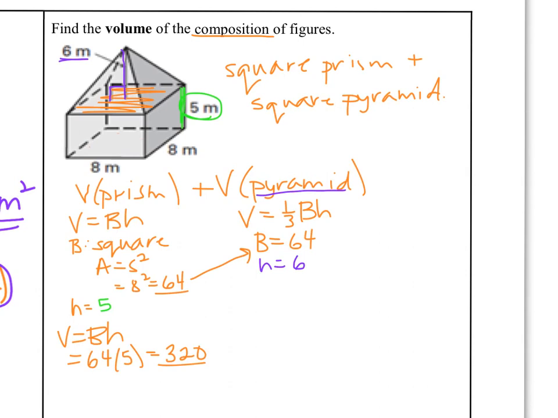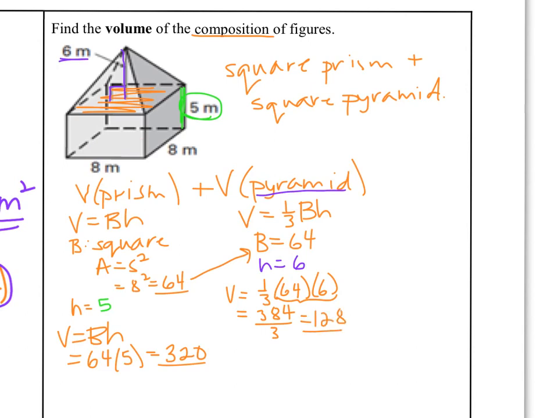So if we plug that into our formula for volume, we're going to get 1/3 times 64 times 6. If I multiply 64 times 6, just the two numbers that aren't in fraction form, I get 384. Then divide by 3, and 3 goes into 384 evenly. It's 128.